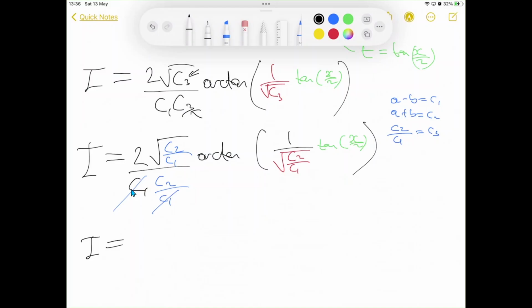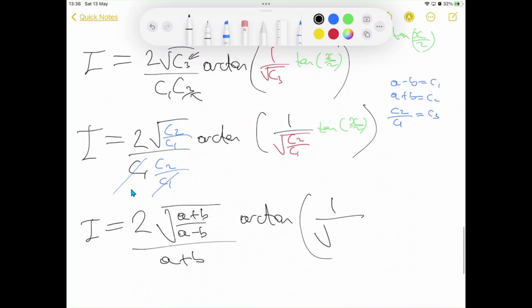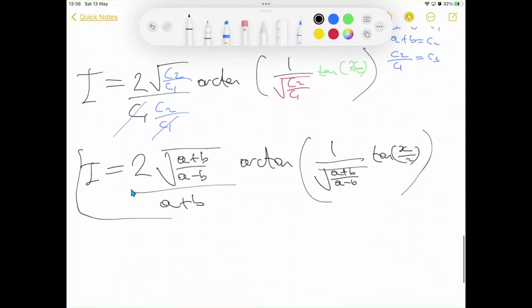And if c1 is equal to a minus b and c2 equals a plus b, we end up with 2 root of a plus b over a minus b, over c2, which is a plus b, times the arctangent of 1 over the square root of a plus b over a minus b, times the tangent of x over 2. And that's the answer. We got it, right?